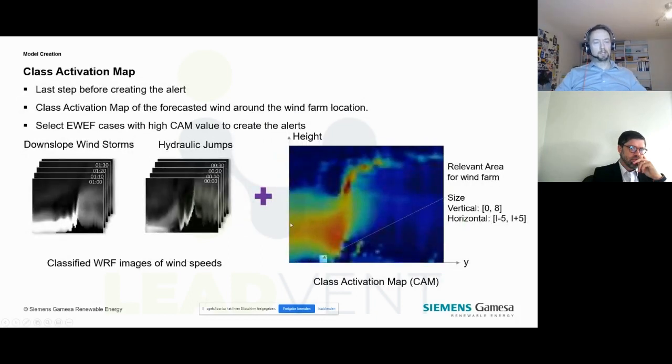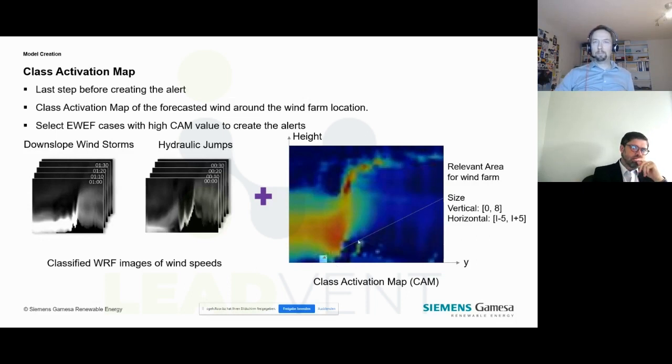All right, then there is one specific aspect that I also want to talk about. The question that we have to ask ourselves is, is the class of the image that is predicted relevant to the location of the wind farm?